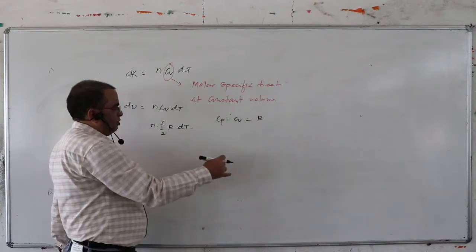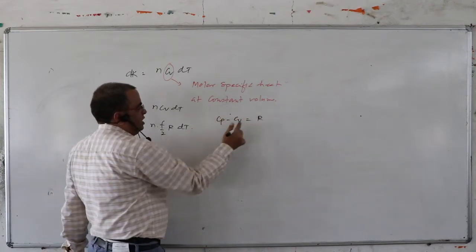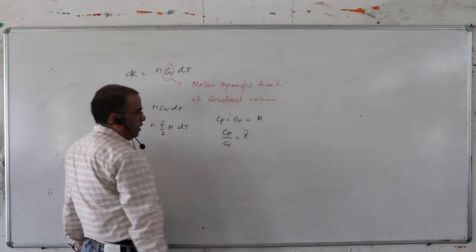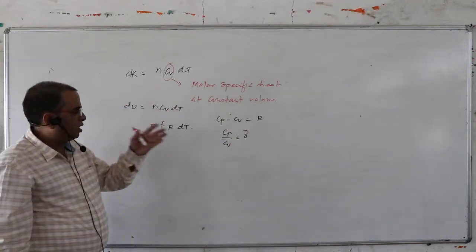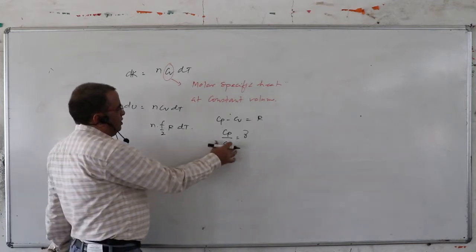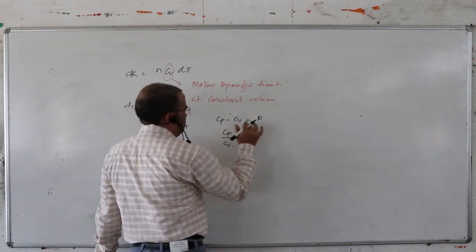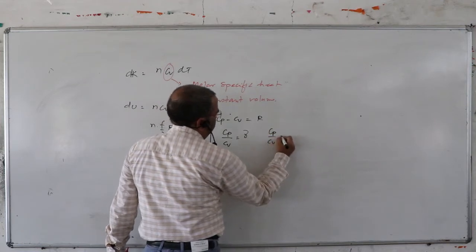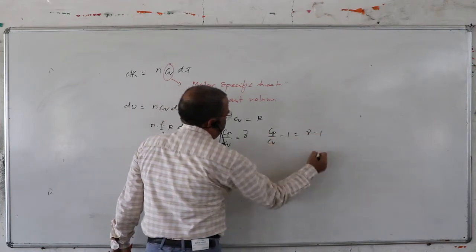So Cp minus Cv is R, and we know Cp upon Cv is gamma, the Poisson's ratio or thermodynamic constant. So we have Cp upon Cv minus 1 is equal to gamma minus 1.